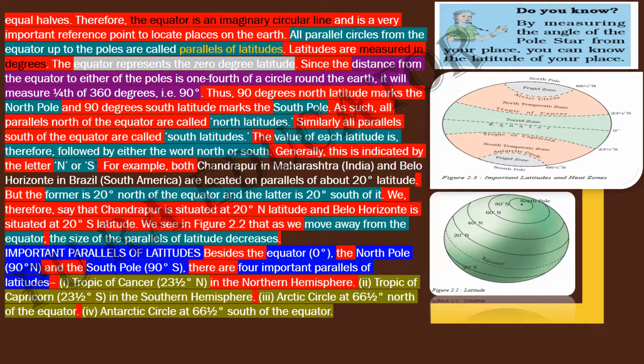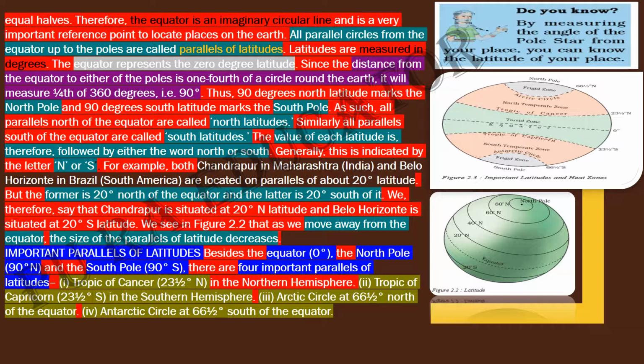It is important to mention because it will be explained by example how difficult it is for us if we do not mention N or S after the degree. Take the example of Chandrapur in Maharashtra in India and Belo Horizonte in Brazil in South America. It will be very difficult for us to locate them if we do not put S, that is south, or N, that is north, after the 20 degree.